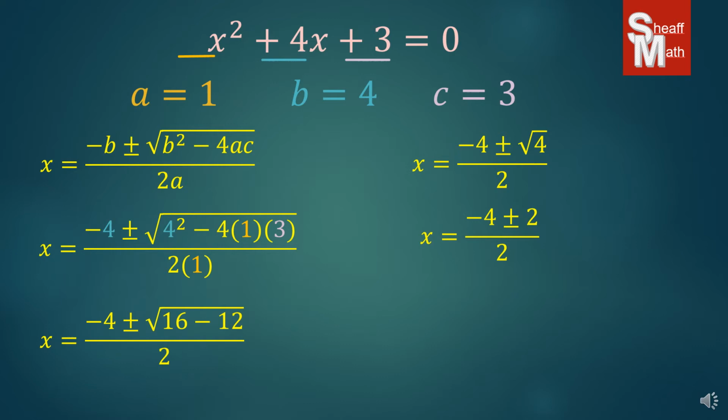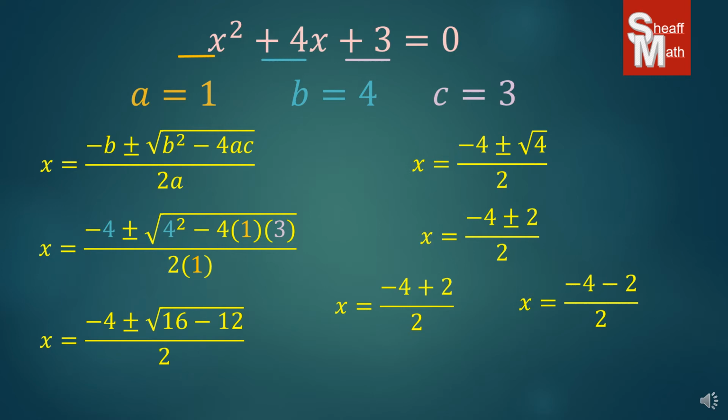Now what does that plus or minus mean? It means that you're going to have two answers. Your two answers are going to be -4 plus 2 divided by 2 and -4 minus 2 divided by 2. And so you need to solve two equations. We'll separate those.